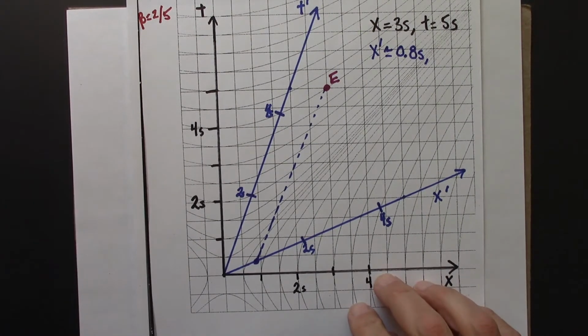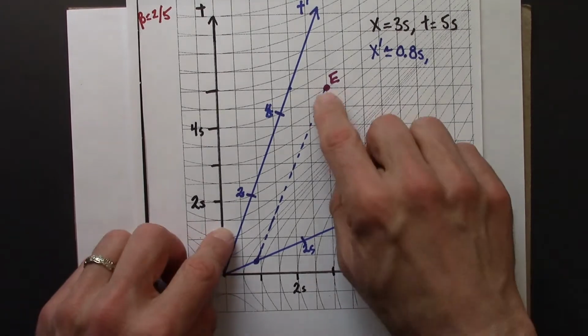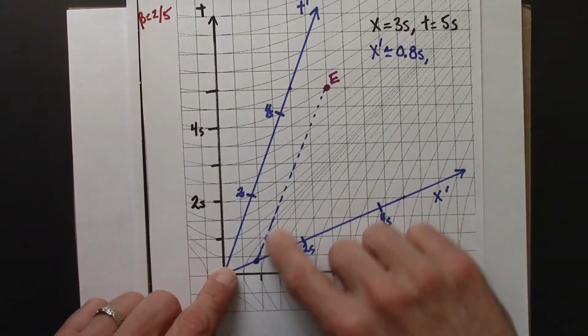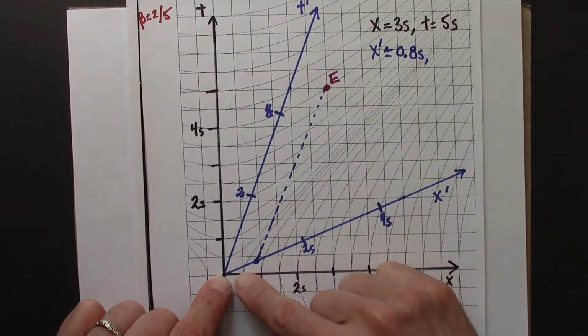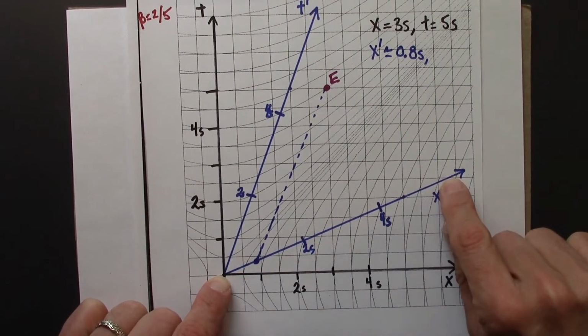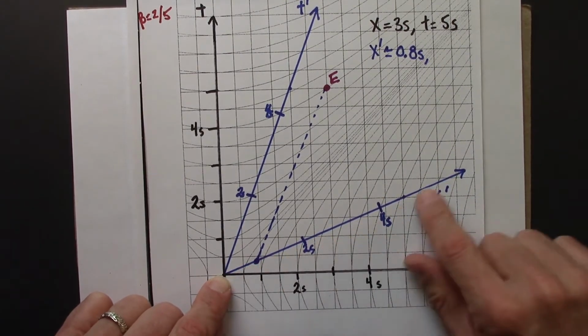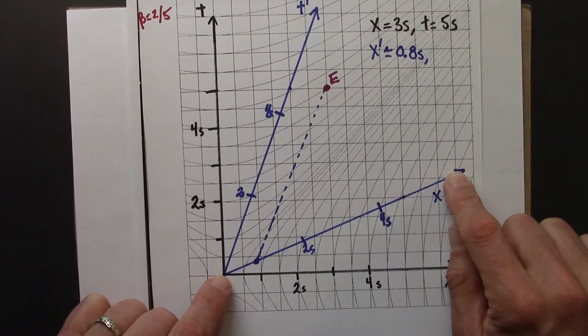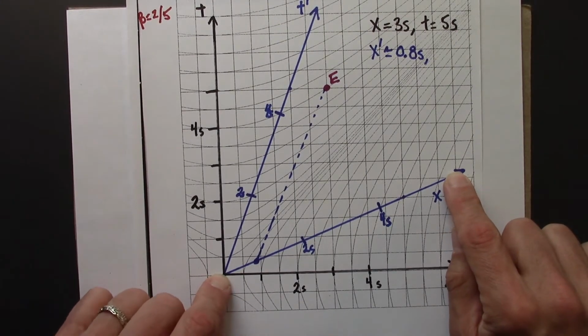Okay, to figure out the t prime coordinate, we're going to do a similar thing with parallel lines. The x prime axis is the set of all space-time events that are simultaneous with the origin, time equals 0.